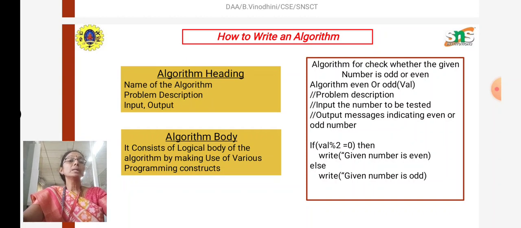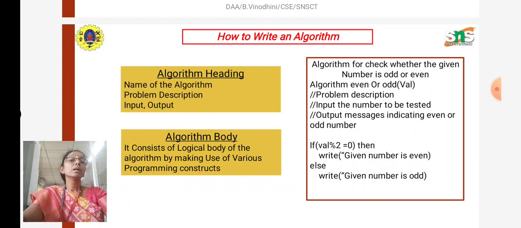To write the algorithm for the corresponding problem, first we have to define the name of the algorithm. The rule is that we write the keyword algorithm, then the name of the algorithm, and within brackets the parameter list we are going to pass.